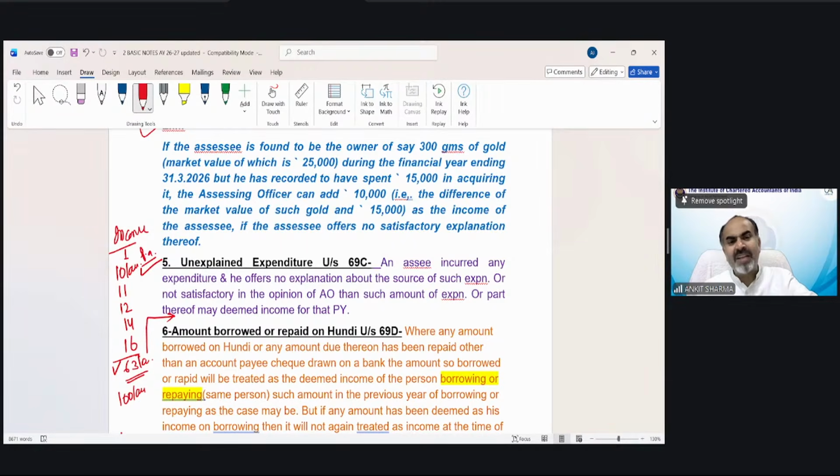So the department will assume that out of this 63 lakh rupees, after deducting the drawings and personal expenditure, maybe he has 40 lakh rupees in hand or a certain amount like that. So technically he must have capital of 40 lakh rupees, but suppose he invests and purchases a property of 100 lakh rupees.